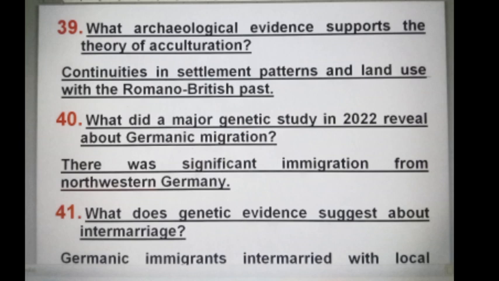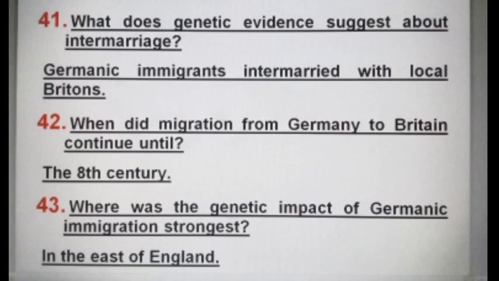There was significant immigration from northwestern Germany. What does genetic evidence suggest about intermarriage? Germanic immigrants intermarried with local Britons.